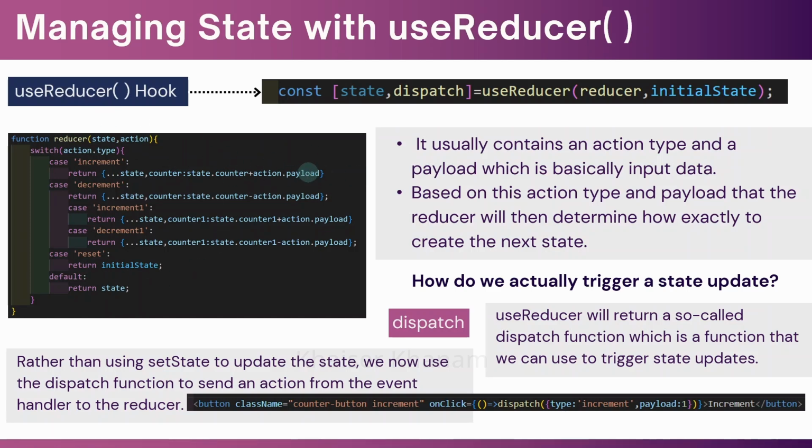These are the few pieces you have to understand, only then will you be able to understand how to manage state with useReducer. You should know what state is, what the dispatch function is, what the useReducer hook is, how it is called, what the reducer function is, what the initial state is, and what an action is.